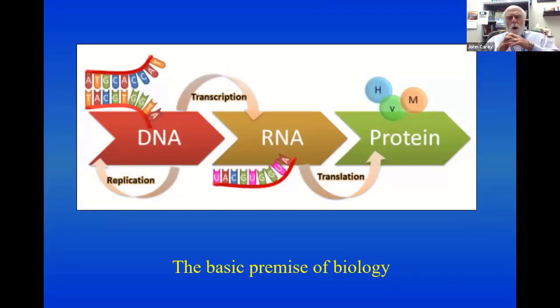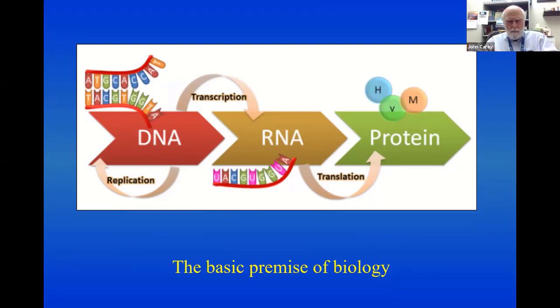So something to know, and again, those of you who have taken probably high school or perhaps a college biology class know that this is the basic premise of biology, whether we're talking about fungi, RNA in a virus, a mastodon, or a human being.